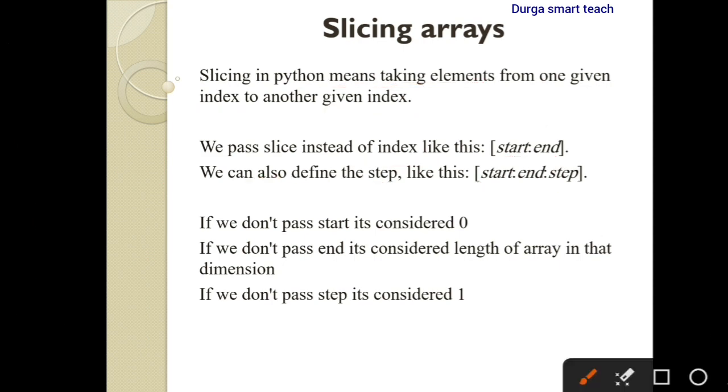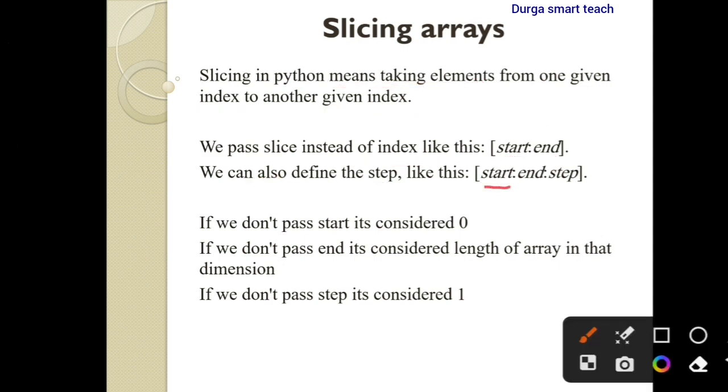Here start is used to represent the starting index value, end is used to represent the ending index value, and step is used to indicate incrementation. So if you want to increment the start value by 1, or by 2, or by 3, we can increment by using step.